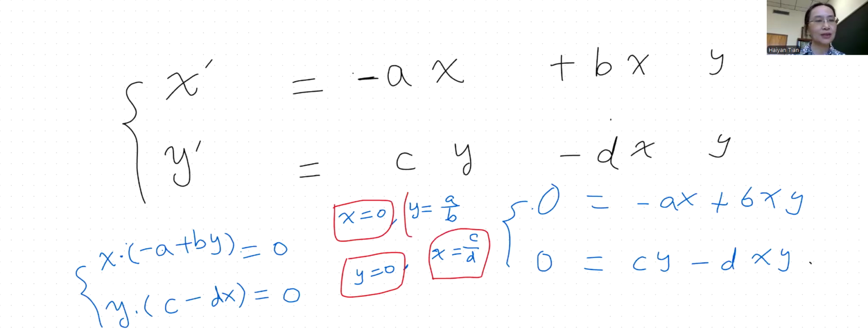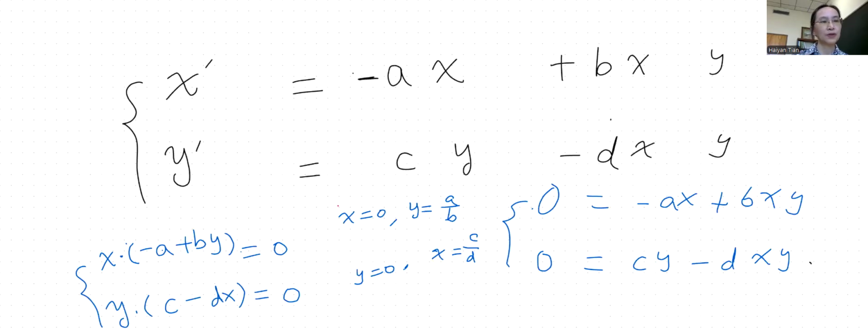So let's write the two solutions. So when x is 0, y is 0, let's just simply put 0, 0.